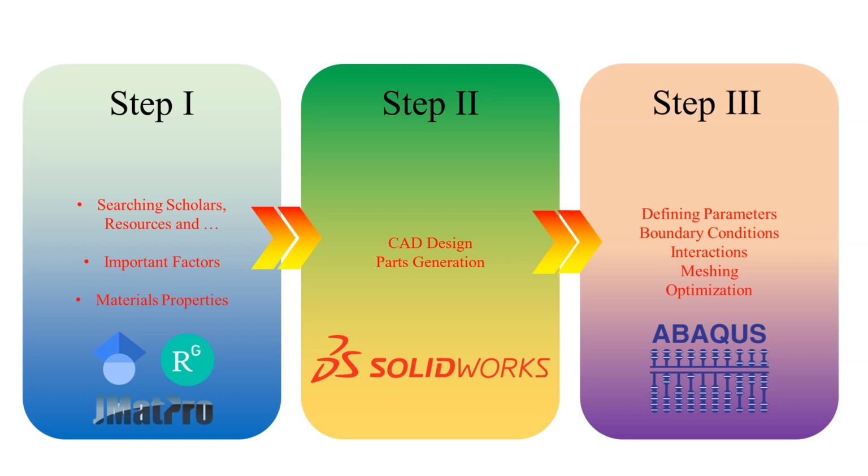Then in the second step, you have to design parts or components included in your simulation process. Then in the last step, you have to define parameters, boundary conditions, interactions, or constraints between your parts to hopefully achieve the wanted results from your simulation process.